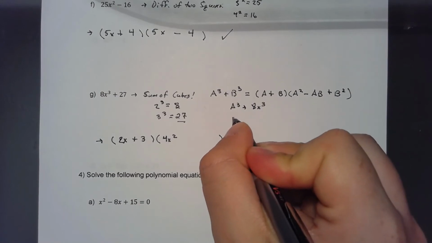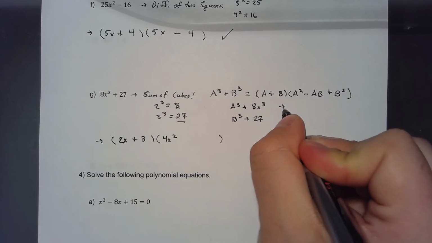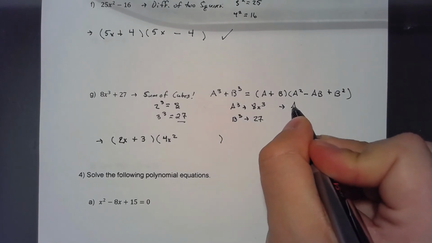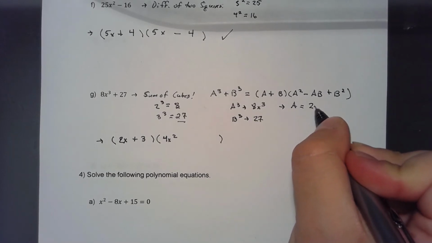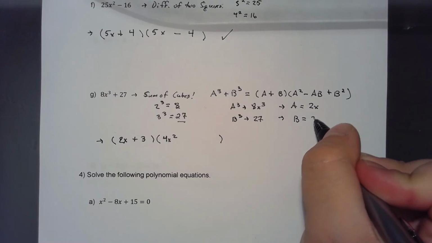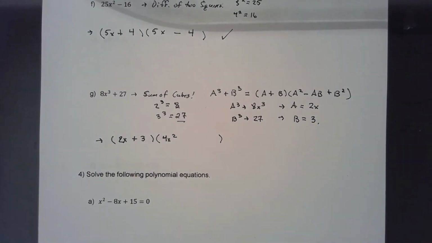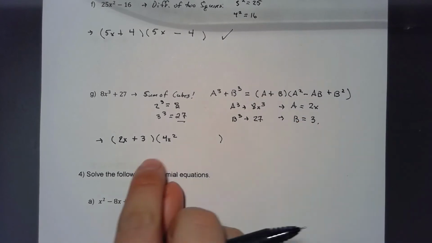B cubed here was 27. So that implies that if a cubed is 8x cubed, then a is going to be 2x. And if b cubed was 27, that implies b is going to be 3. So there's my a plus b factor, 2x plus 3.